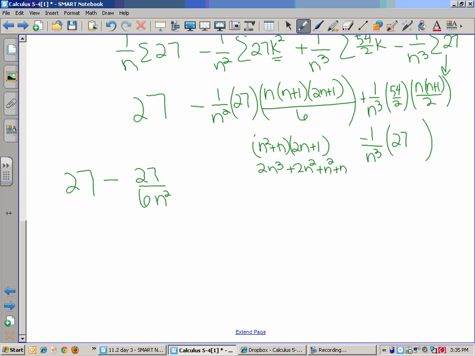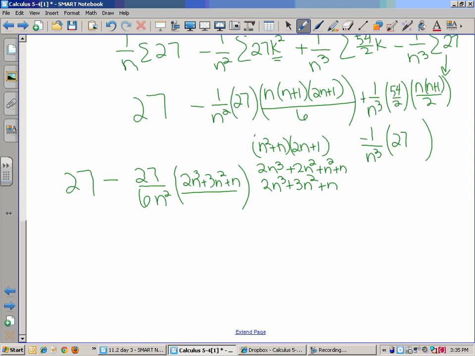And that's going to give me 2n cubed plus 3n squared plus n. And that's going to be times here, 2n cubed plus 3n squared plus n. And that's all over, oh, I pulled the 6 out already, so I'm okay.